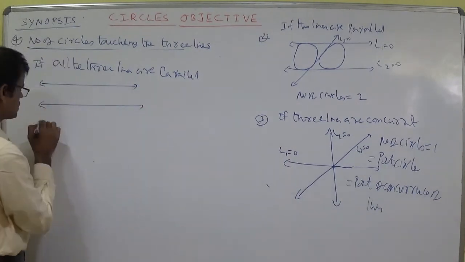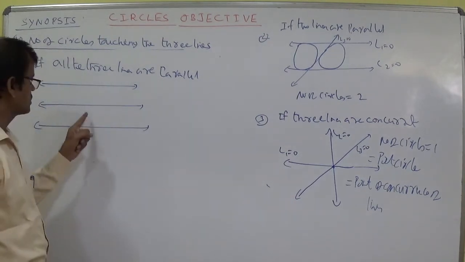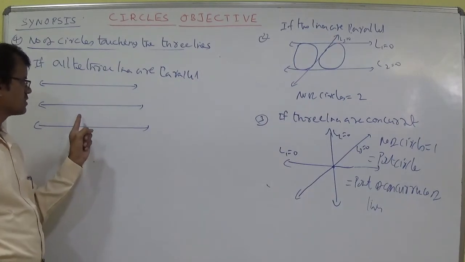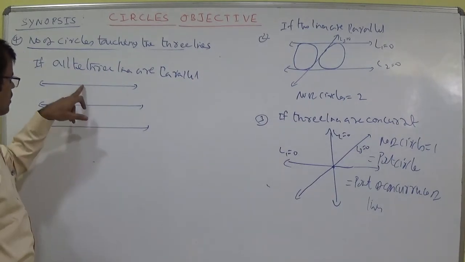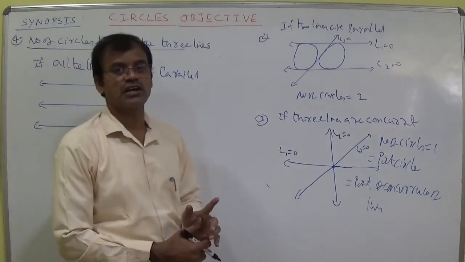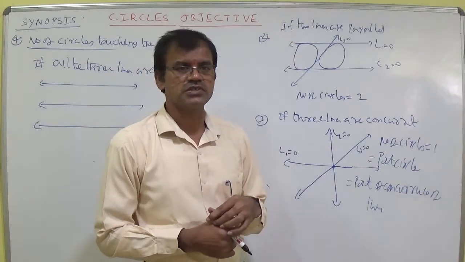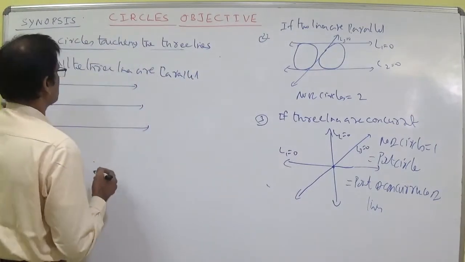Now the condition is that we should draw a circle touching all the three lines. It is not possible. If you draw a circle like this, it is intersecting the lines. The lines should not intersect. The circle should touch the three lines. So no circle can be drawn.